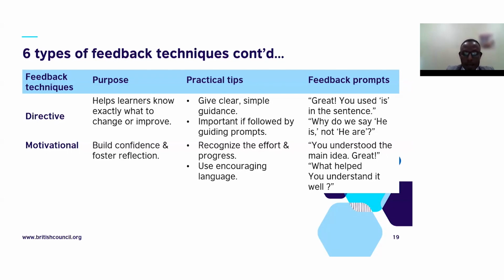For example, you may ask about students' knowledge or performance in using is or are for singular pronouns like he and she. He, a masculine pronoun. For example, you can say, great, you used is in the sentence. Why do you say he is, not he are?